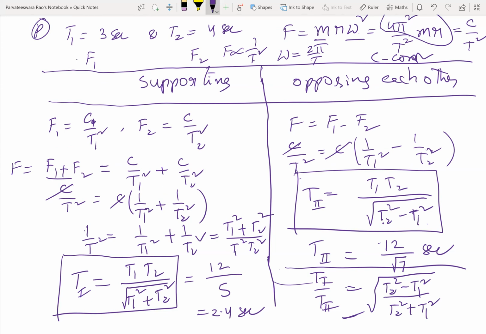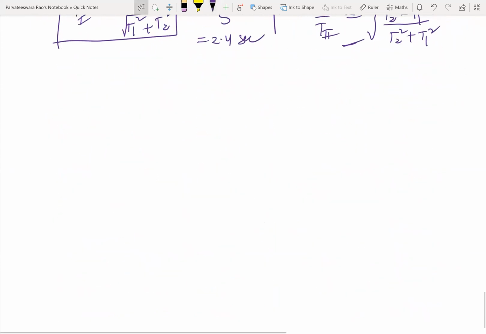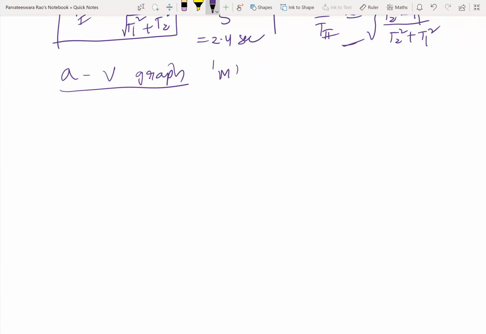One more problem we'll do. Predict the acceleration A and velocity V graph of a particle of mass m in linear simple harmonic motion.